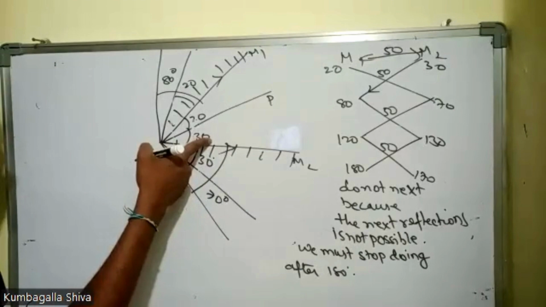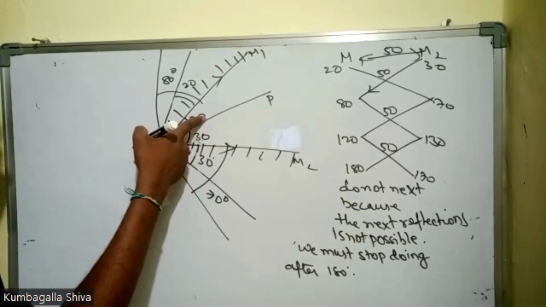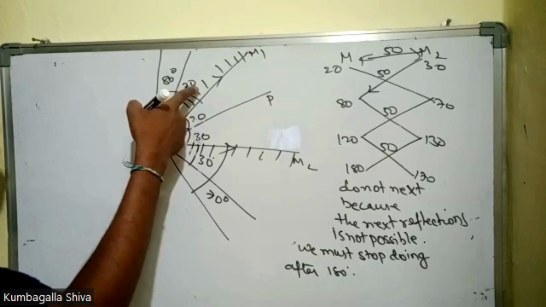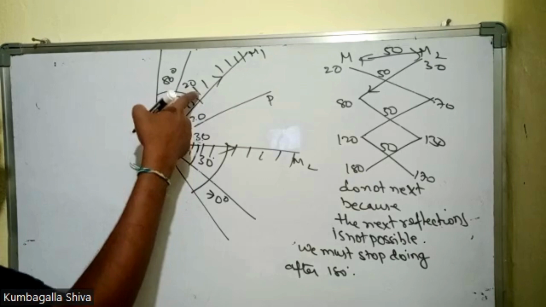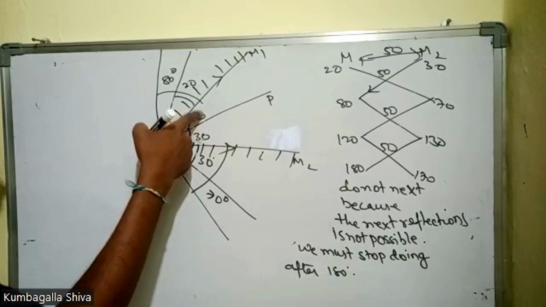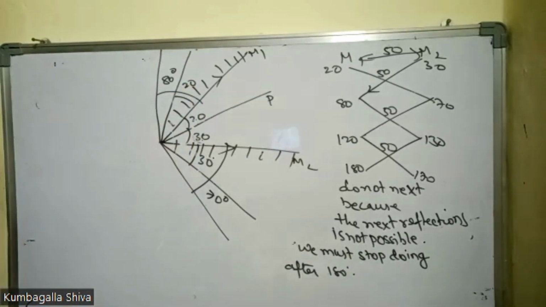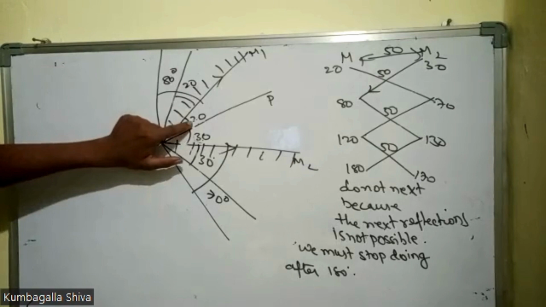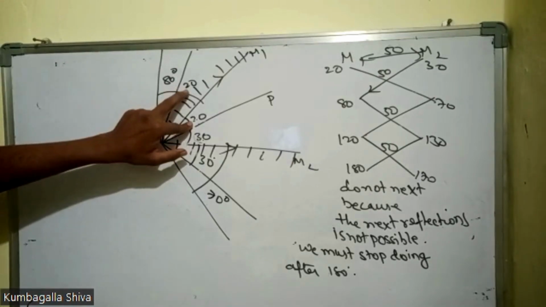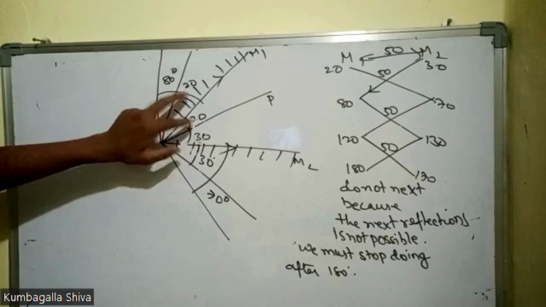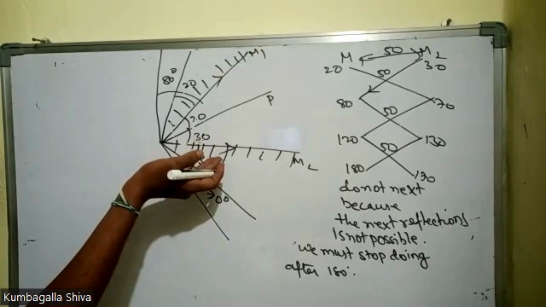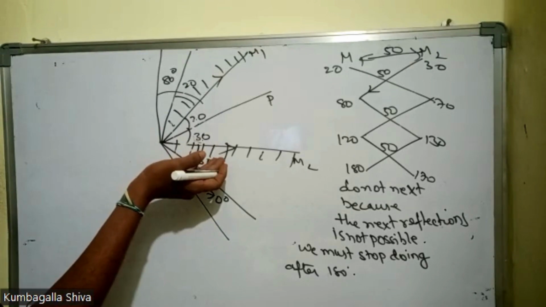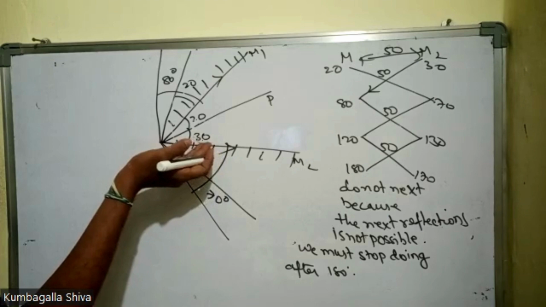So 30 plus 20, 50, 50 plus 20, that is 70. We need to get 20, right?